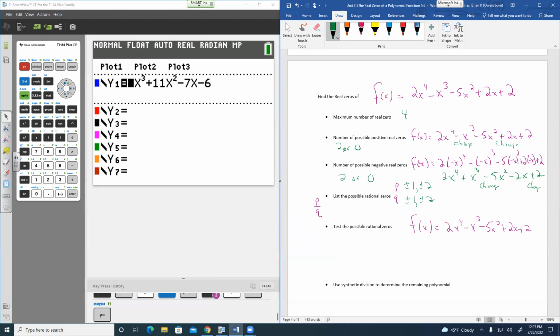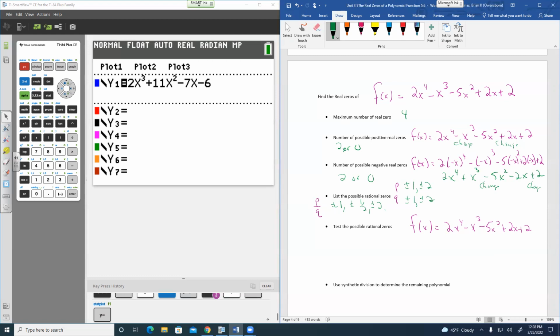So I put 1 over 1 would be plus or minus 1. 1 over 2 would be plus or minus 1/2. And then I put 2 over 1. That's going to be plus or minus 2. And 2 over 2 is the same thing as plus or minus 1. So those are my possible rational zeros.